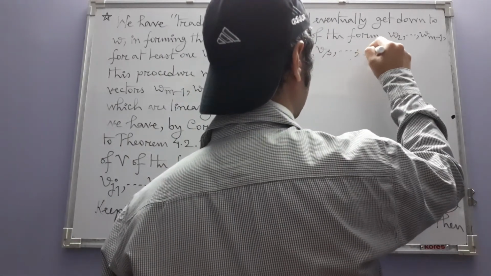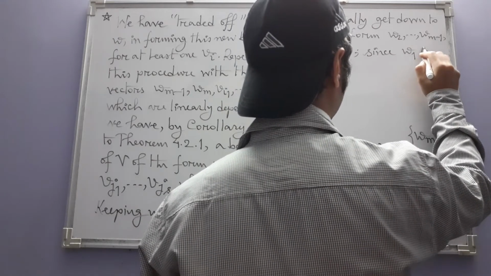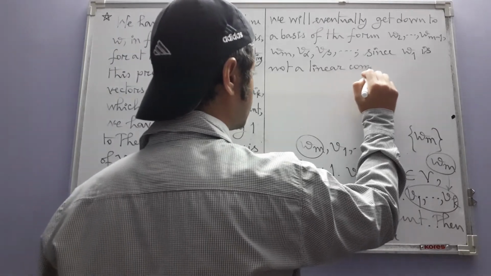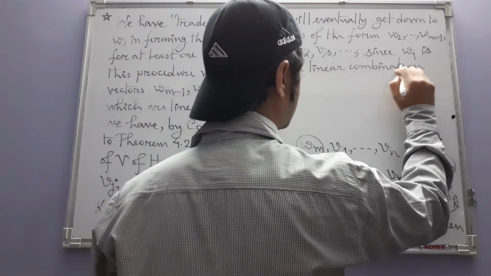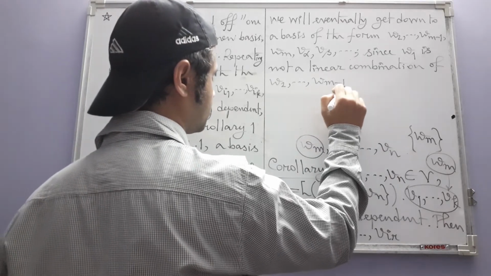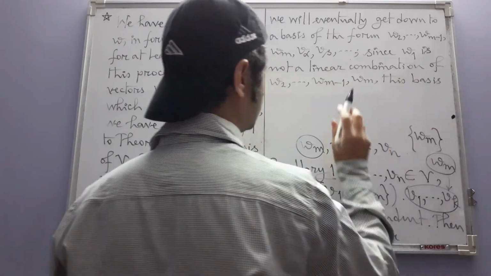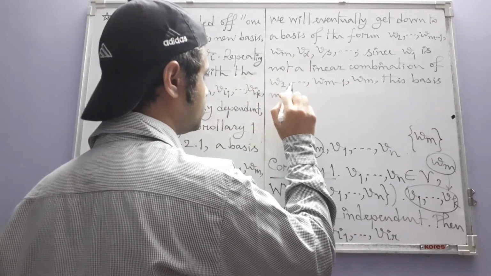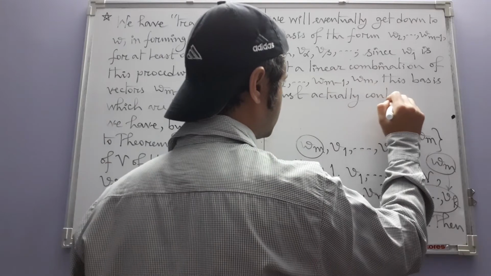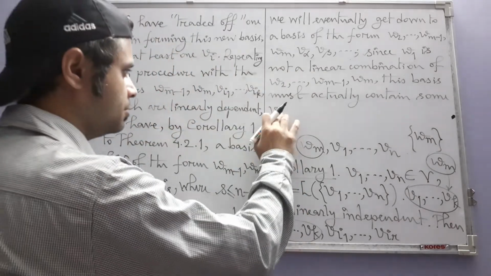Since W1 is not a linear combination of the other W's, this basis, this latest one, must actually contain some V, some V's.